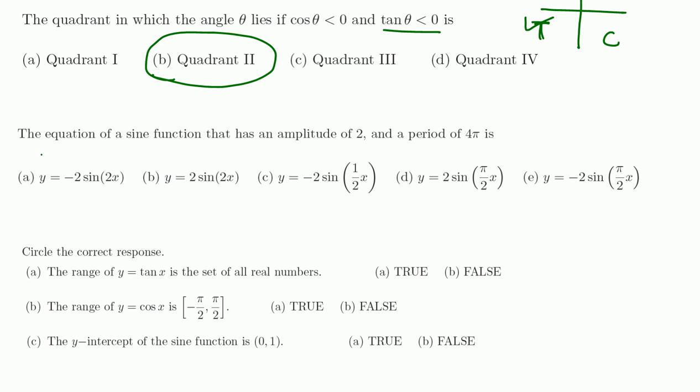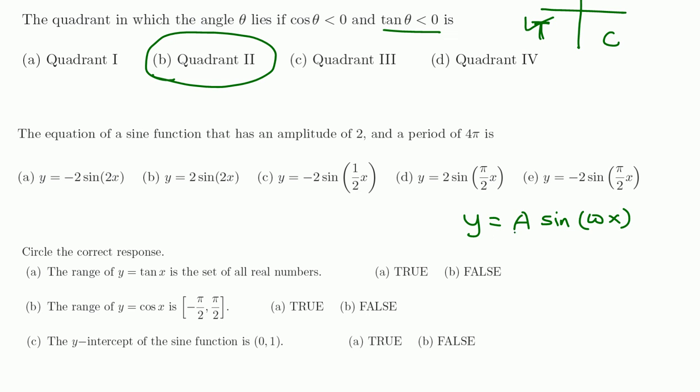Fourth question, we need to find the equation of a sine function that has an amplitude of 2 and period of 4 pi. So y equals a sine omega x, where amplitude is 2.